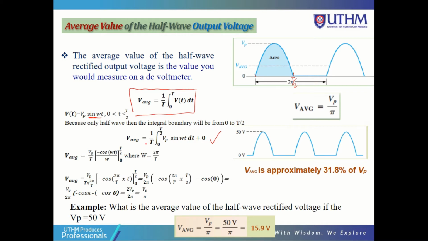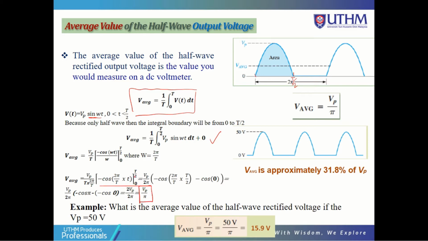And then you integrate V average, Vp you take out, you letak dekat luar. And then when you integrate sin omega T, it will become negative cos omega T over omega. Okay, T over 2, and then substitute the T over 2, and then you elaborate, and the final answer is Vp over pi.